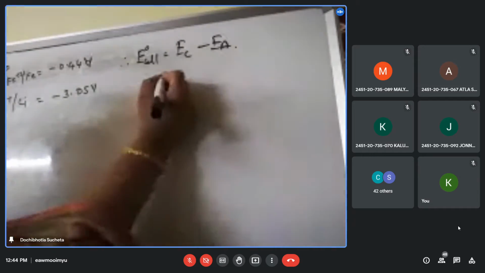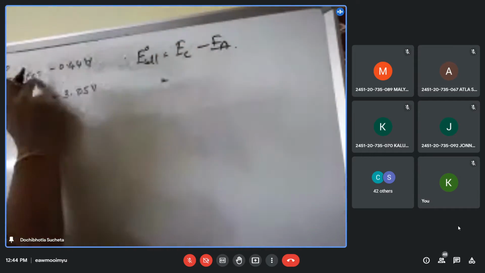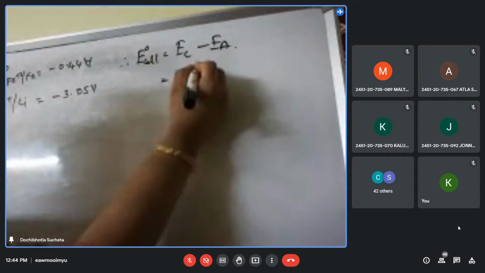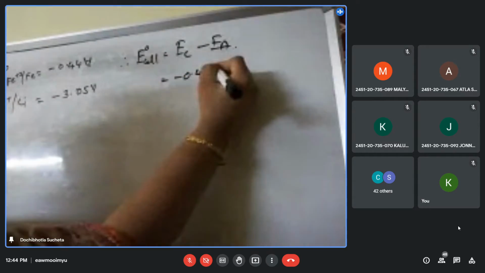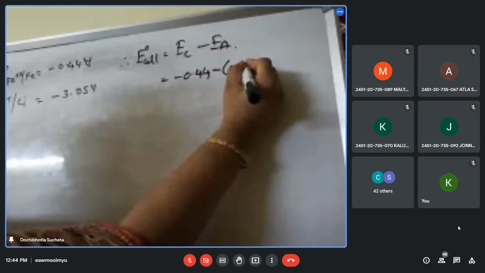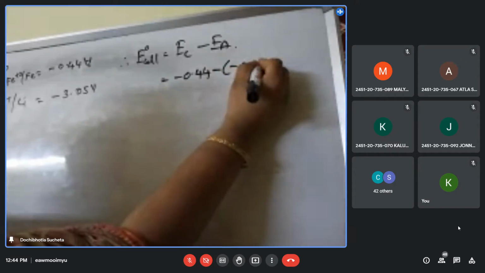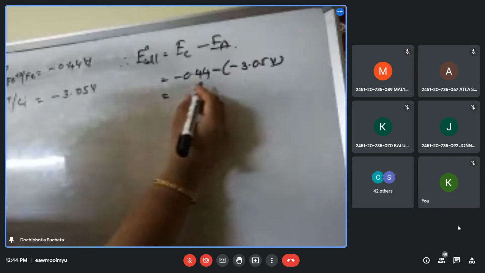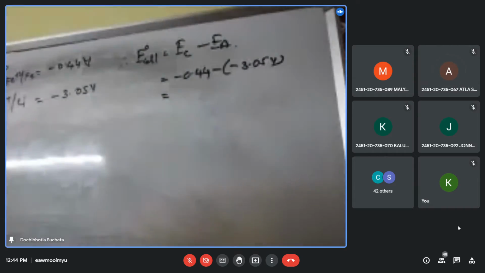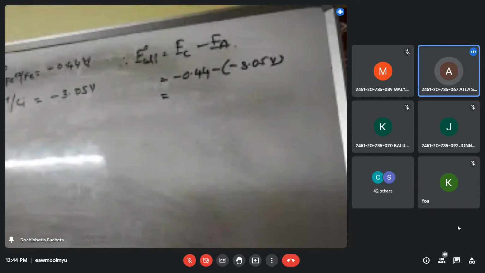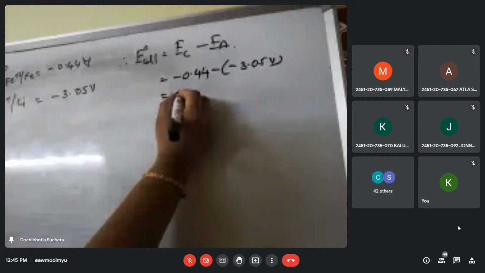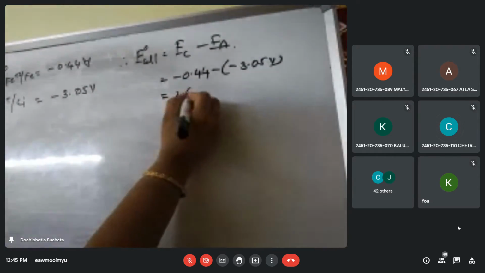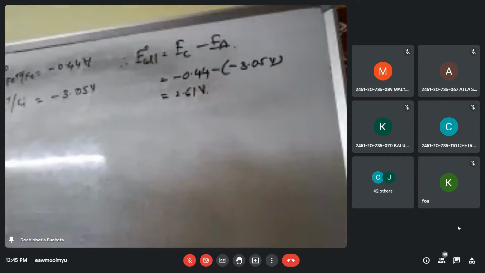So I'll get back to the equation. What is the cathode here? Iron is the cathode, minus 0.44, minus of minus 3.05 volts. That's going to be 2.61 volts.